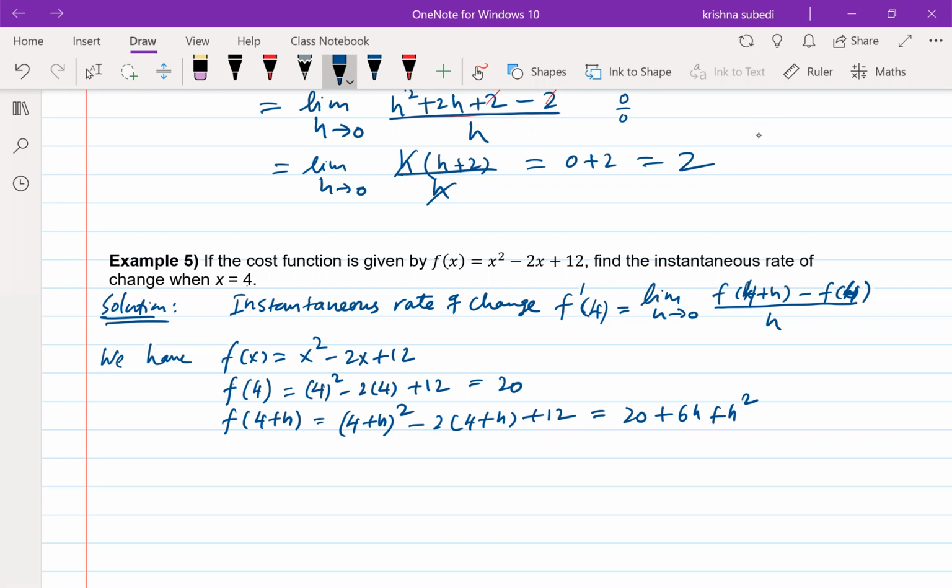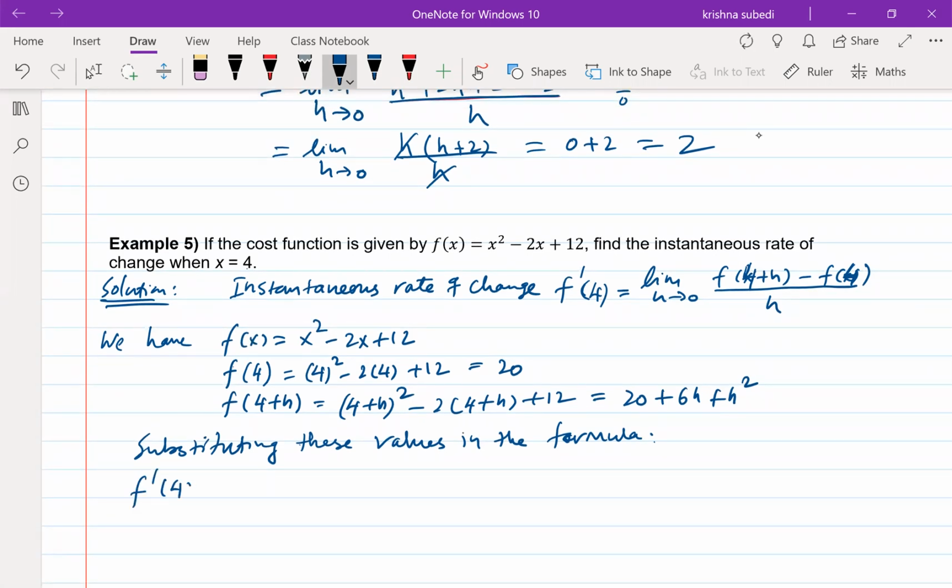So substituting this value in the formula, you're going to get f prime of 4 is the limit as h tends to 0 of f of 4 plus h, which means 20 plus 6h plus h squared, minus f of 4, which is 20, over h.